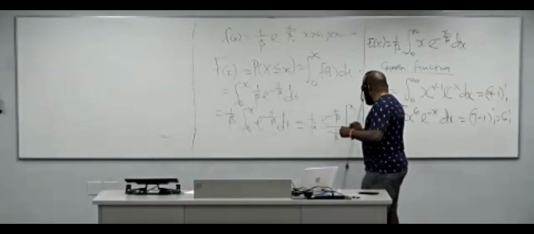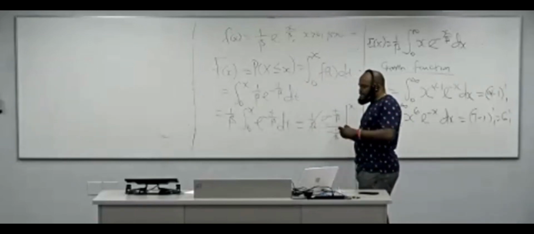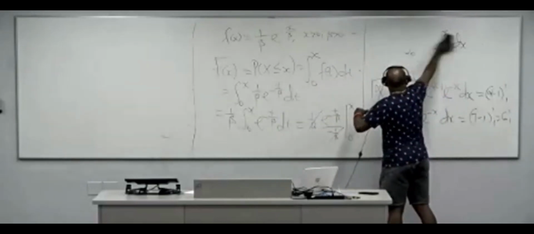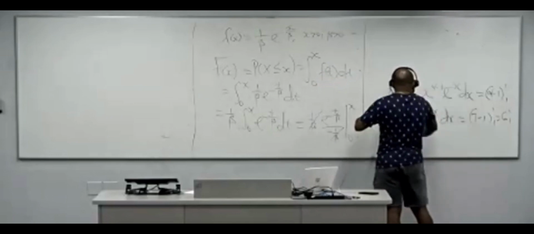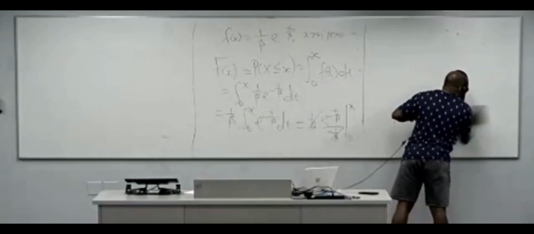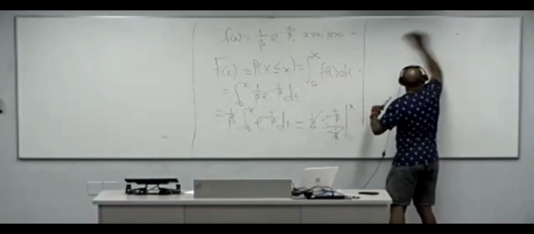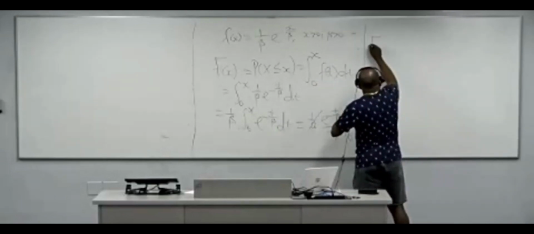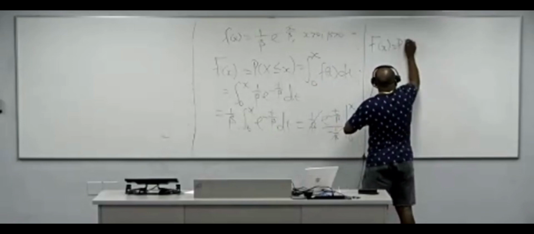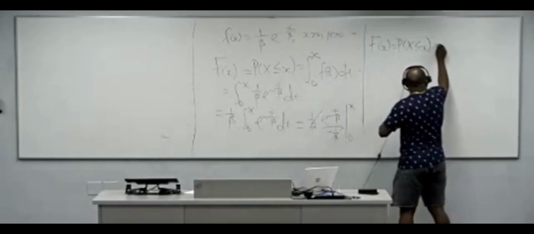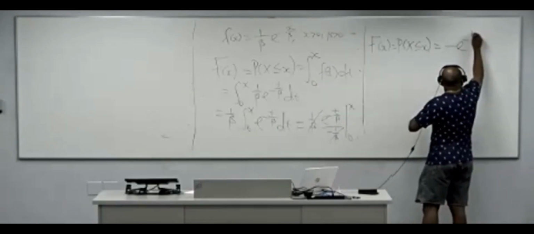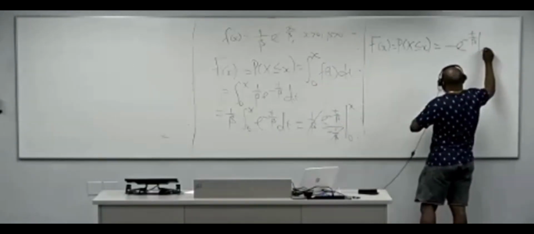And this guy is going to cancel that guy. So when that cancels, what is going to happen? We're basically going to have the CDF equal to negative exponential of negative t over beta from 0 to x.